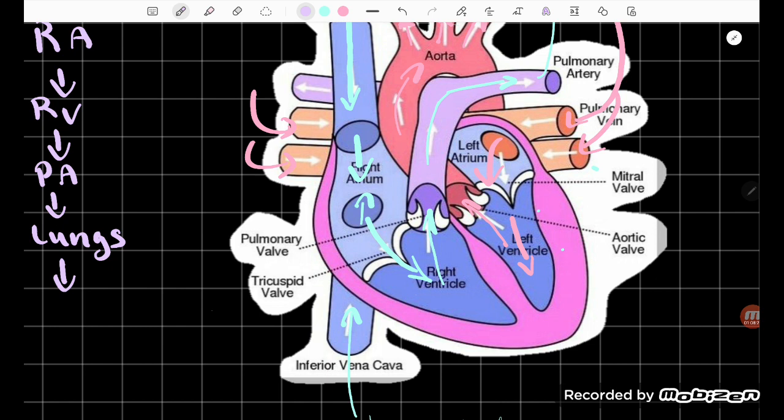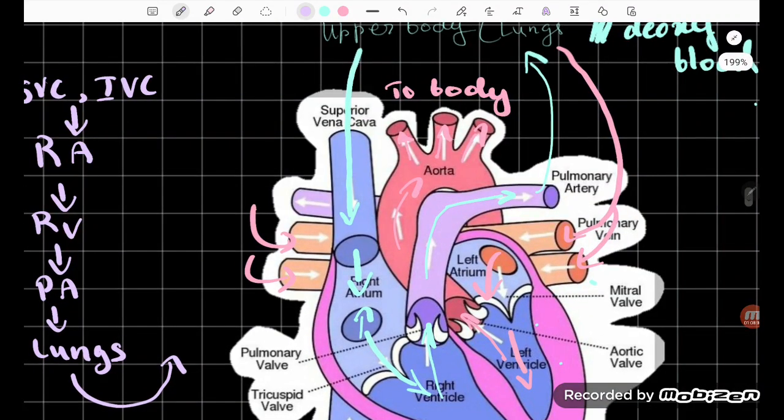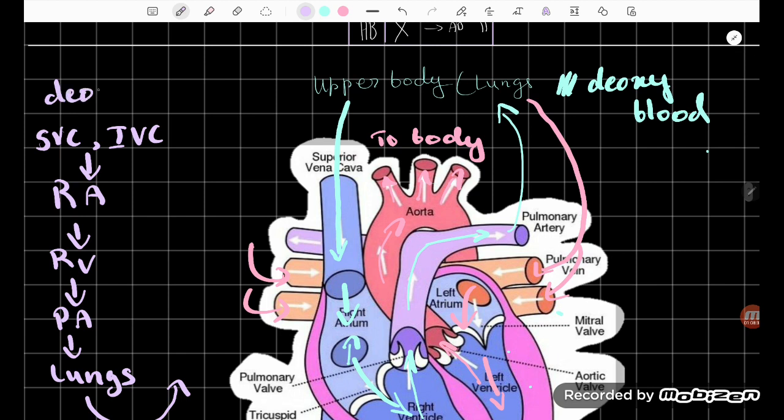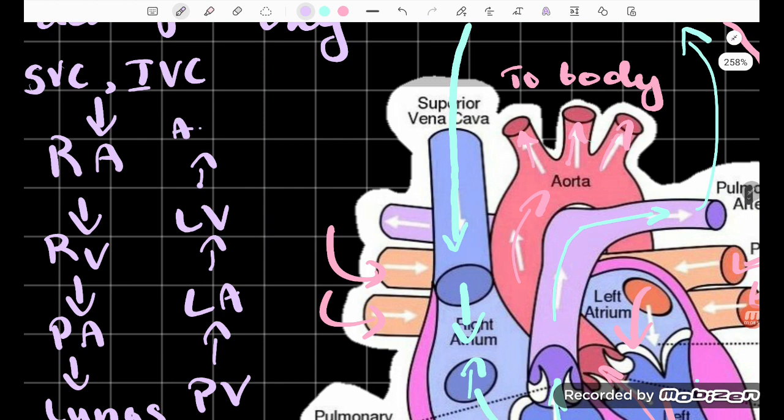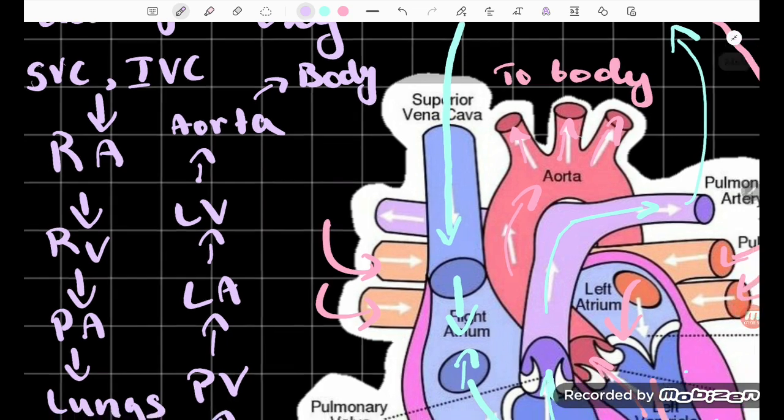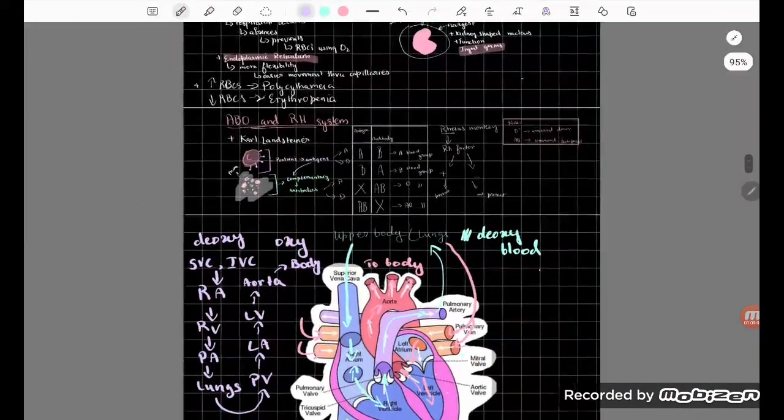From lungs to, okay, I am going to take a turn here, because this side is deoxy and this side is going to be oxy. So this is where oxygenated blood starts flowing, from lungs to pulmonary veins, from pulmonary veins to left atrium, from left atrium to left ventricle, from left ventricle to aorta, from aorta to body, other parts of the body. That is the sequence and the chain, as you can see.